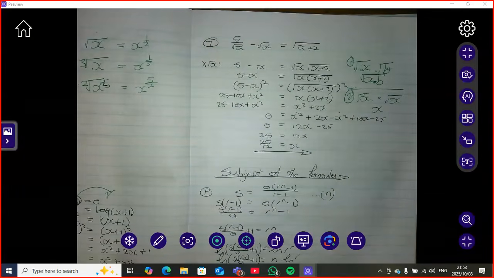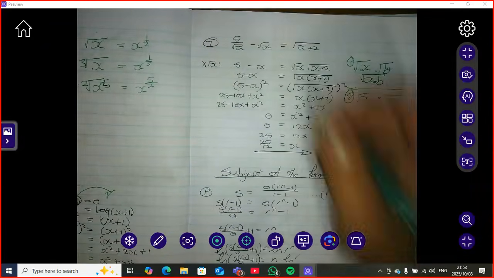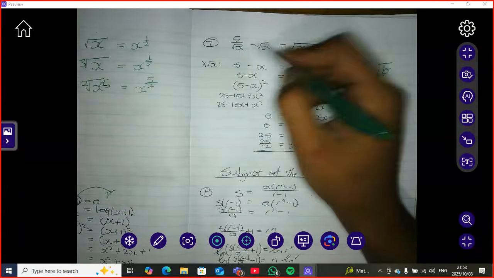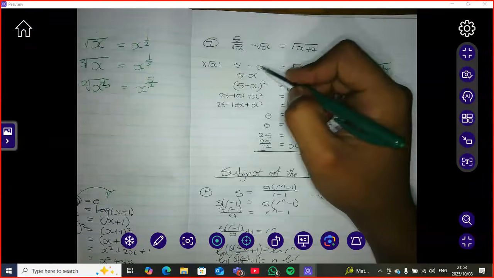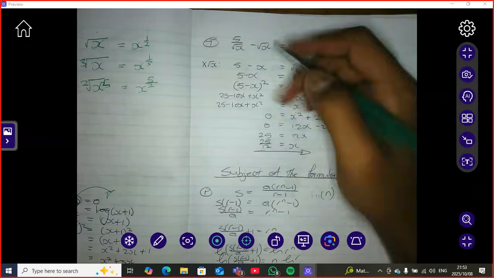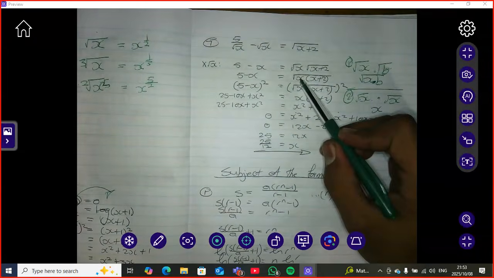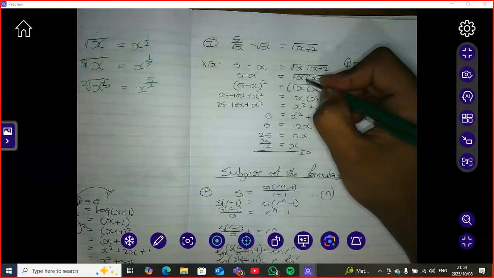These are things you must know, because as you can see here, it fell away. This square root x times that square root x will leave me with just the x over there. But here they combine.